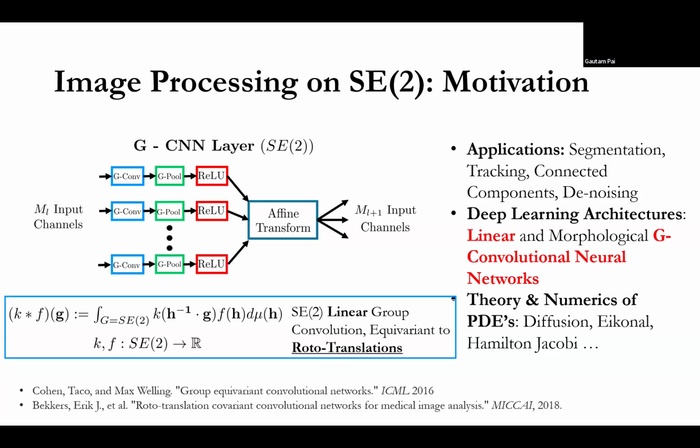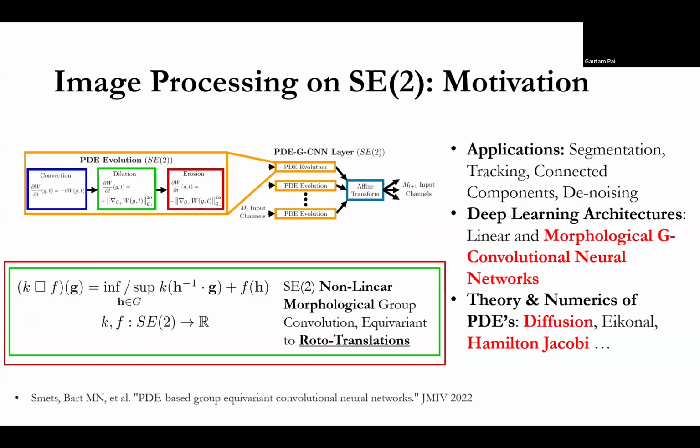And this is equivariant to roto-translations. You can take it even a step further and define what are called morphological convolutions. The idea is, again, that you have some kernel K.